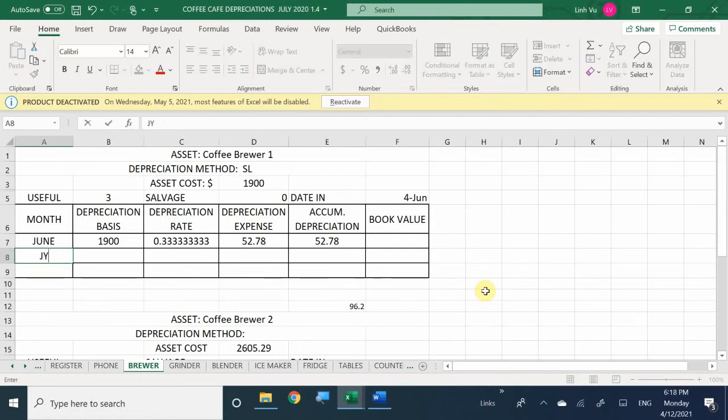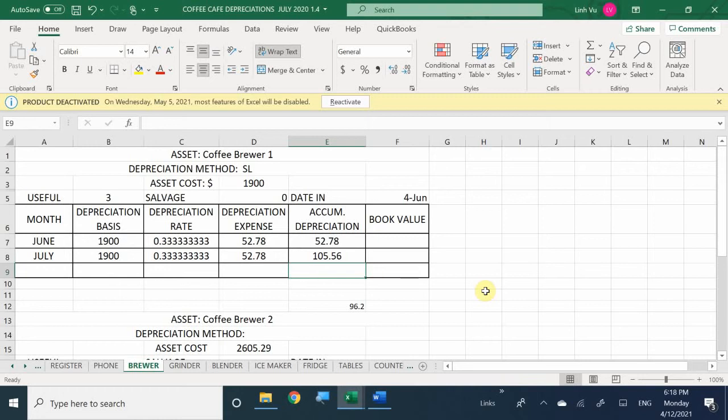Same thing for my second coffee brewer, because I calculated the first one right there. I'm going to go ahead and indicate July. Once again, my depreciation basis should stay the same. It's my asset cost minus my salvage value, which in this case is 1900. We're going to take 1 divided by 3, which gives us 0.33333, and if we multiply by and divide by 12 to get our monthly depreciation, it should be $52.78.